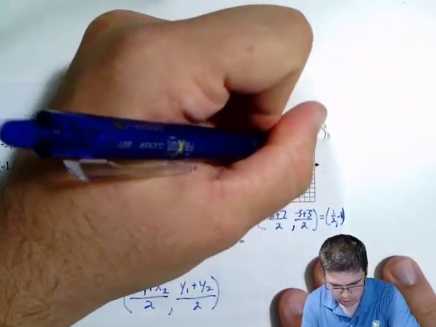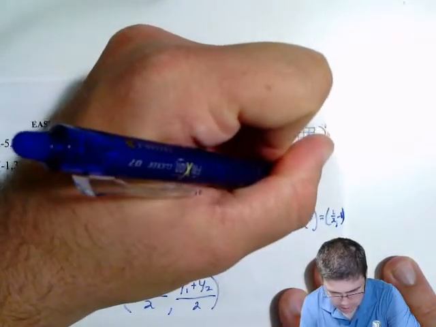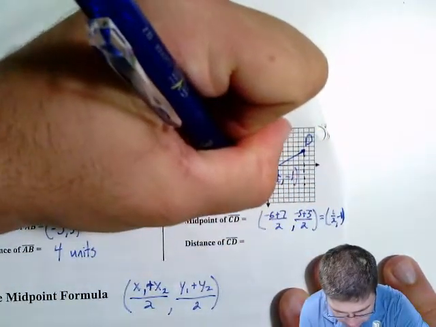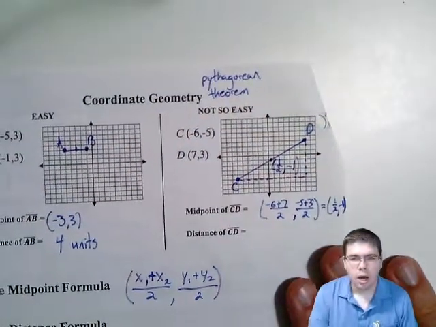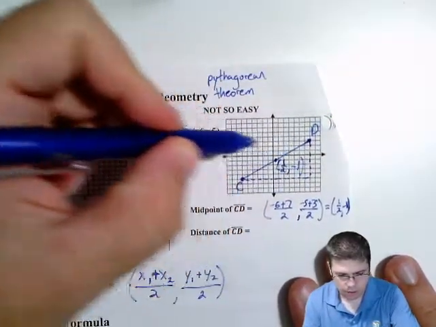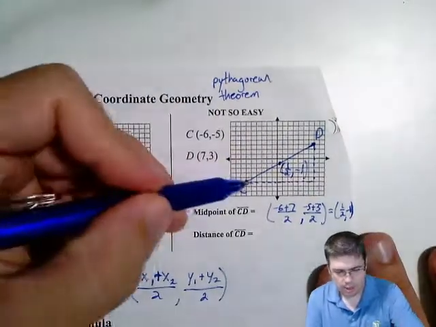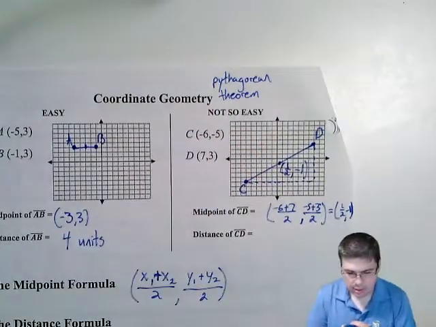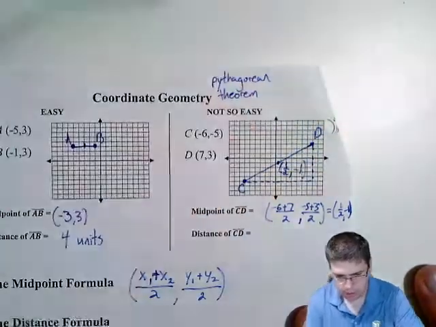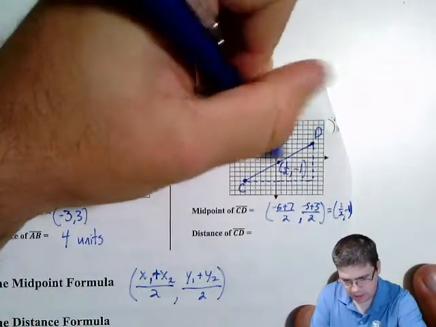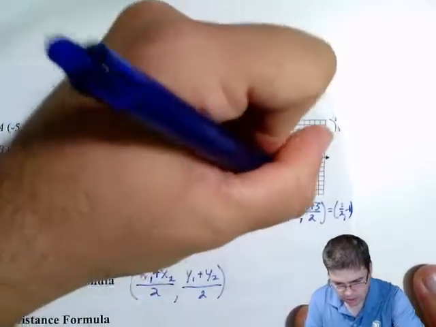So what we can actually think about this as is we can think about this length there as the hypotenuse of a right triangle, and I could have drawn this over here as well. So I have this horizontal distance, which I've already mentioned before, that's 13, and then I've got this vertical distance, we're going 8.